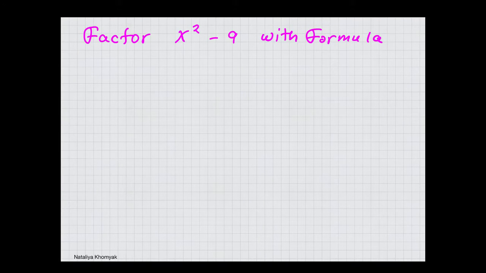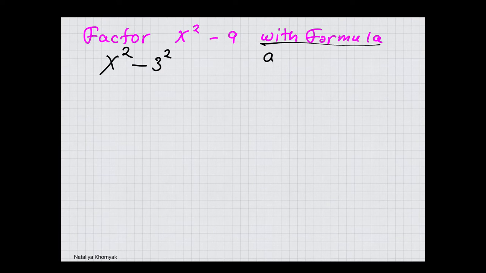So here we have x squared minus 9, and this time we're going to use the formula. So x squared minus 9 can be rewritten as x squared minus 3 times 3, so I'm going to say 3 to the second.